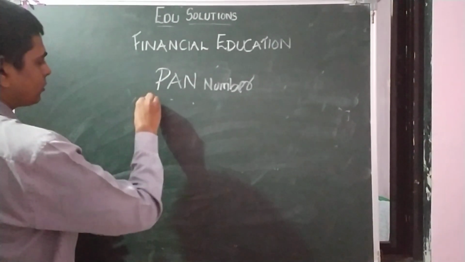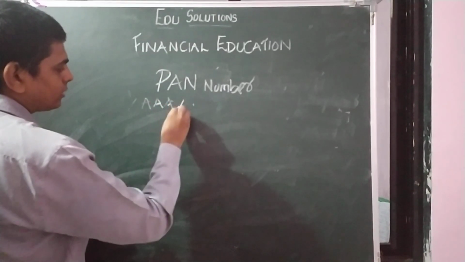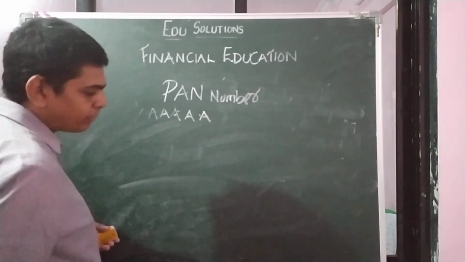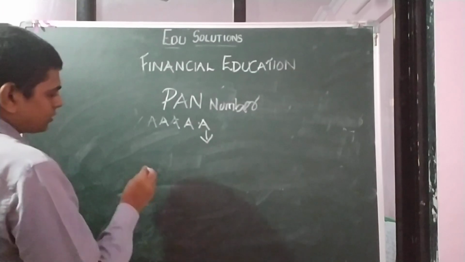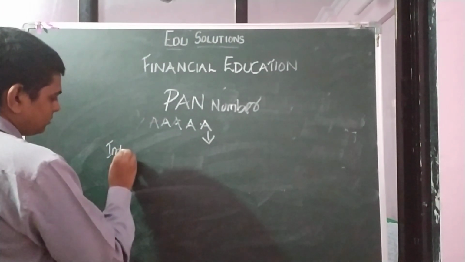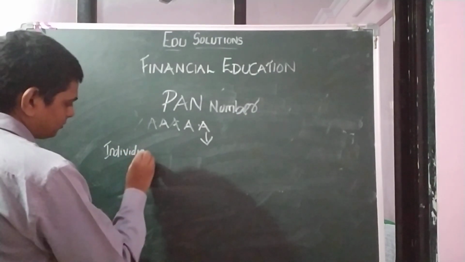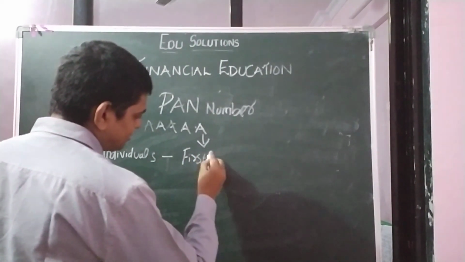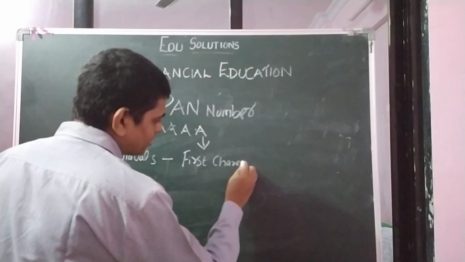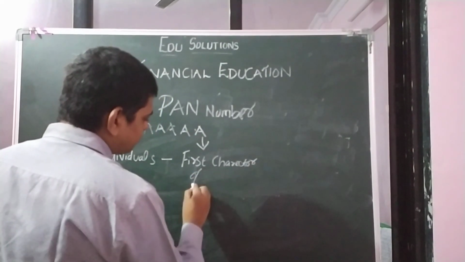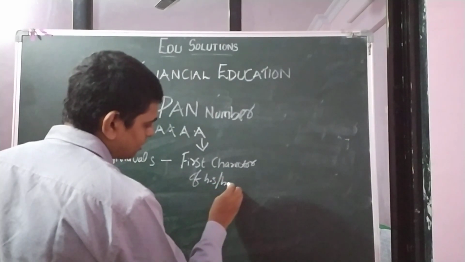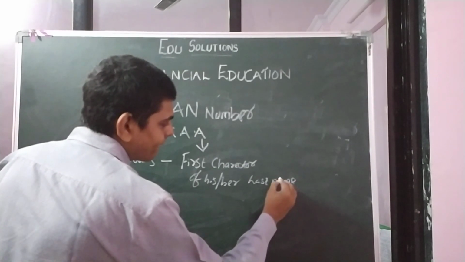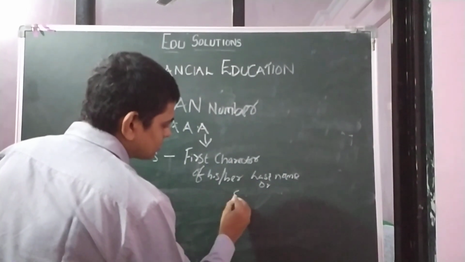Again I am writing the PAN code A which is random, then again A as the entity code, and the next is also an alphabet which, for individuals, is the first character of his or her last name or surname.